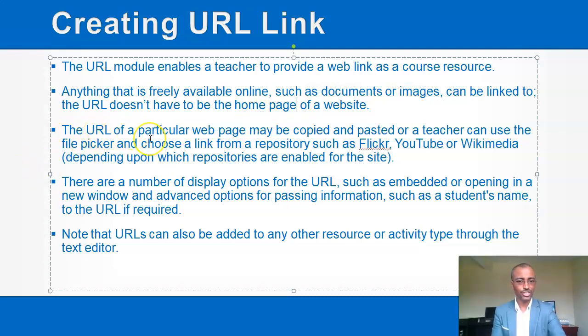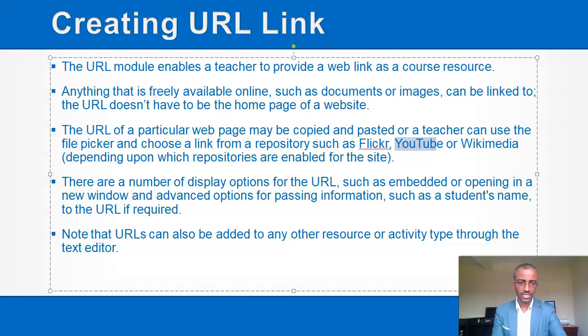A particular web page may be copied and pasted, or a teacher can use the file picker. I'll show you what the file picker is. You can copy a URL link from any source, like Flickr, YouTube, or Wikimedia, and so on and so forth. You can get the URL from any source and paste it in your website, or you can embed it. And I'll show you how to embed those files.